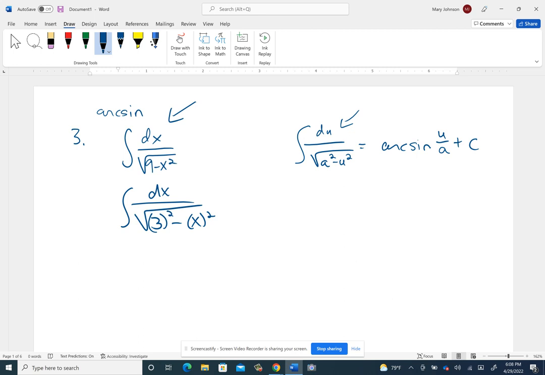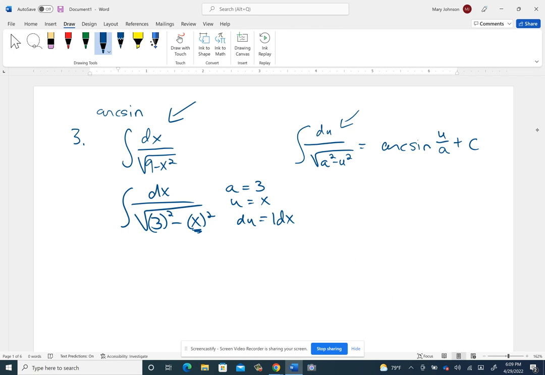Now this one then fits the formula exactly with a equaling 3 and the u is really just x. Okay, so even if you did the du thing, you would just get 1 dx. So you don't really need to use the u substitution concept because it is just x right here. Okay, but anyway, you can think of it like that if you want. And put in the u's if you want, or just leave it like it is here.